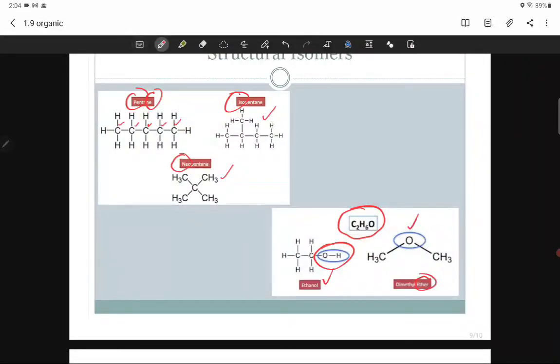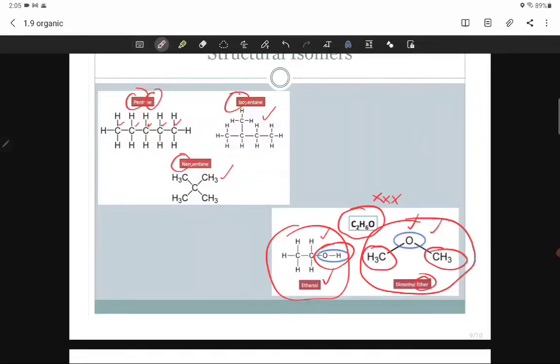And ethers have hydrocarbons on either side of a single bonded oxygen. So this method will never be allowed for you to write, because again, you can't tell the difference between what type of molecule it is. And these two types of molecules will have very, very different properties.